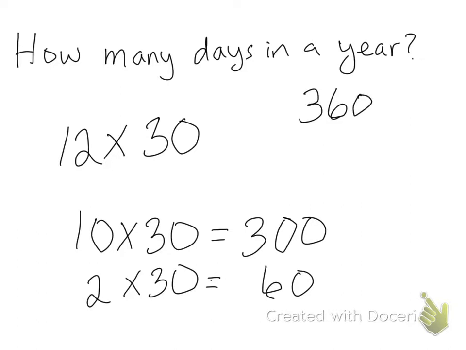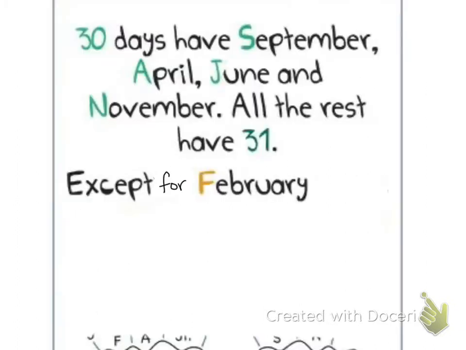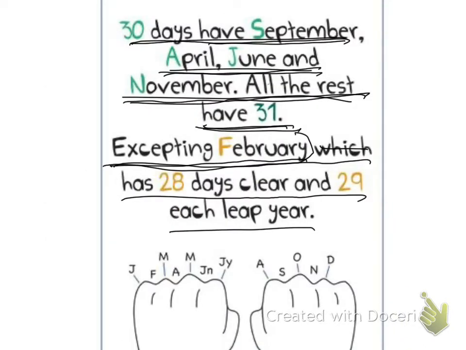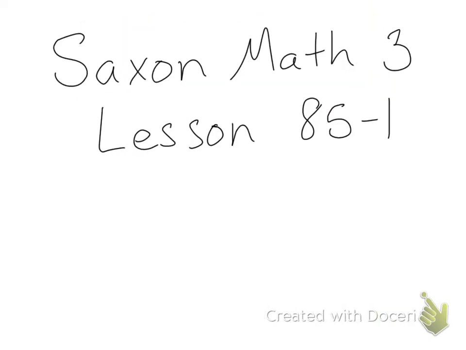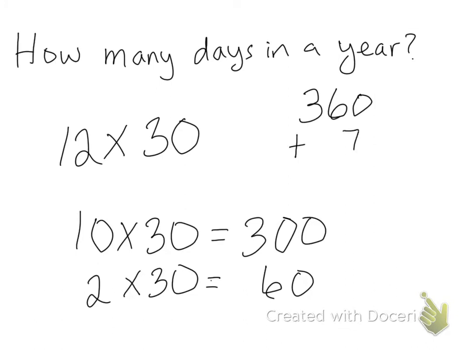Now, we have some extra days because there are all these months that have 31 days. There are 7 months with 31 days. So I have to add 7 days, and we get 367.